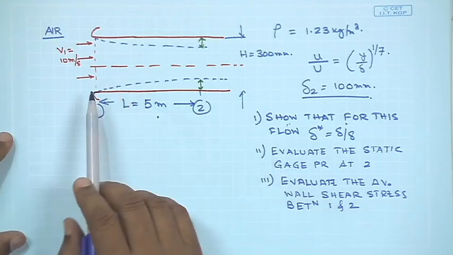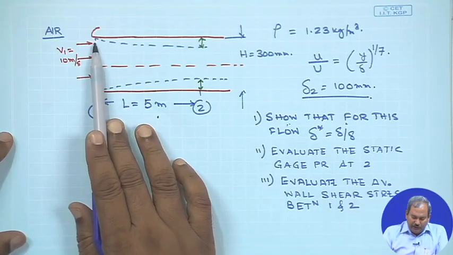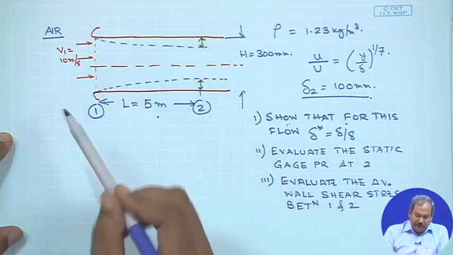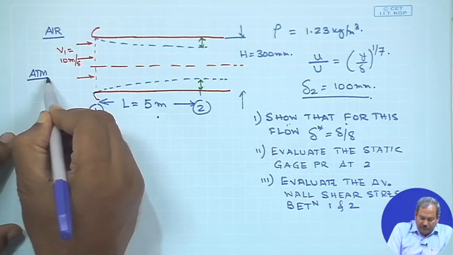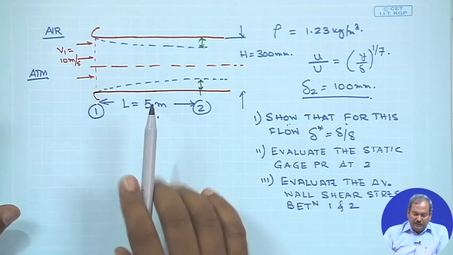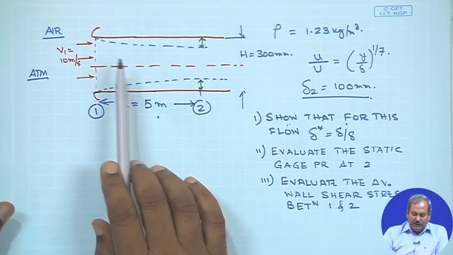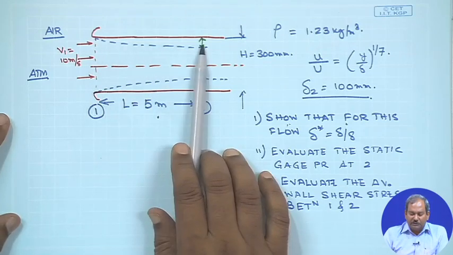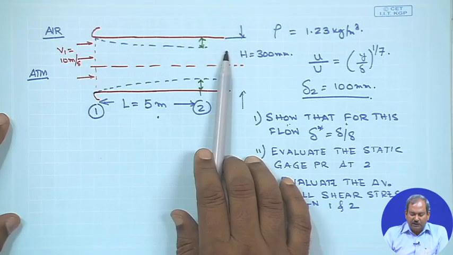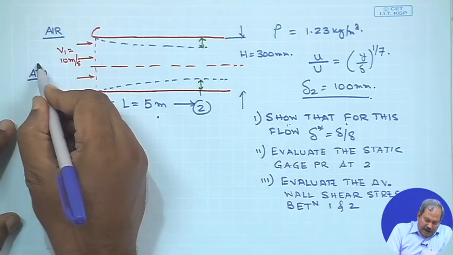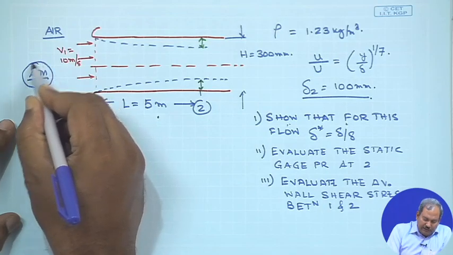So, you can see that the flow is going in. Outside over here you just have the atmosphere present. So, the first thing that we need to realize is that there must be a suction present which pulls the air into the duct. So, you have atmospheric pressure over here.